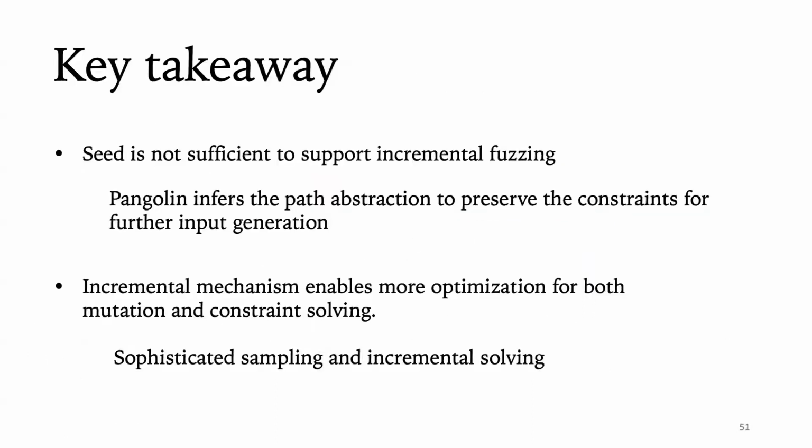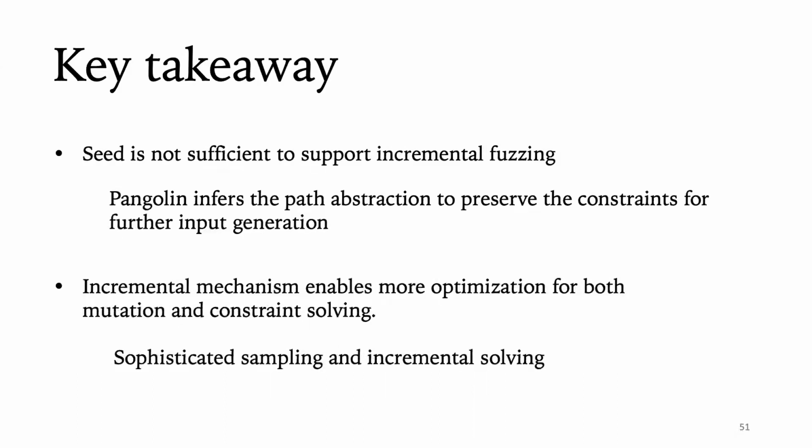To summarize, Pangolin compensates for the weakness of the insufficient seed-preserving mechanism to better support incremental fuzzing. Pangolin infers the path subtraction to preserve the constraint for both mutation and constraint solving.